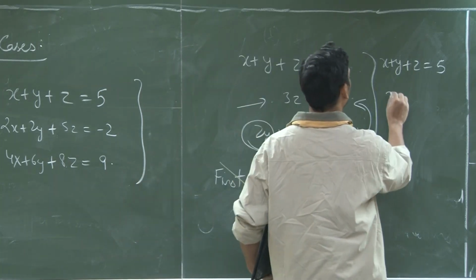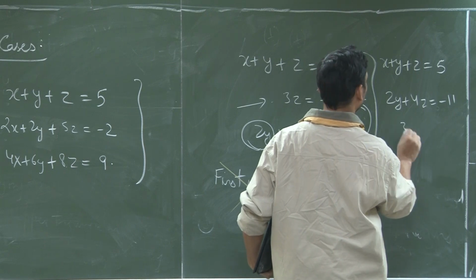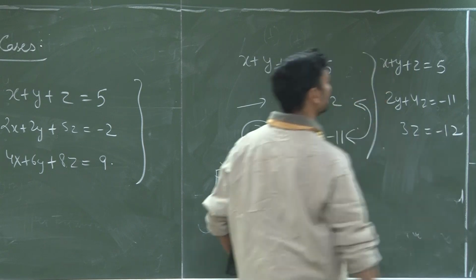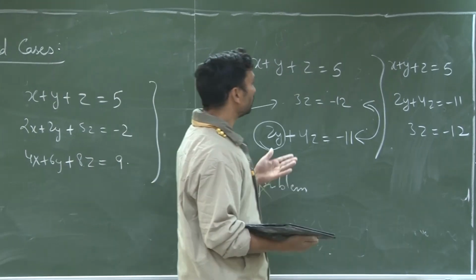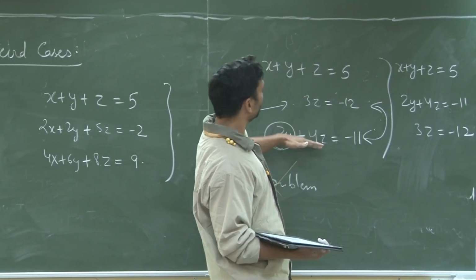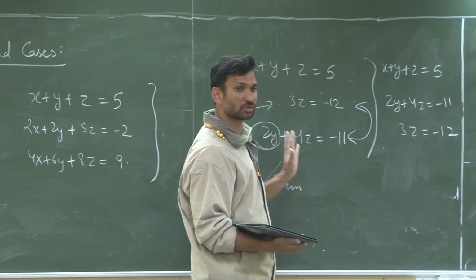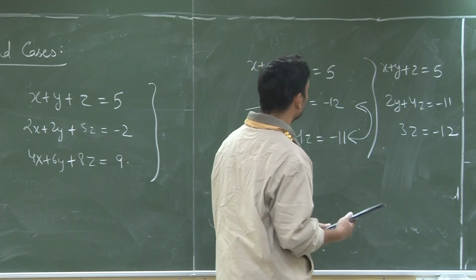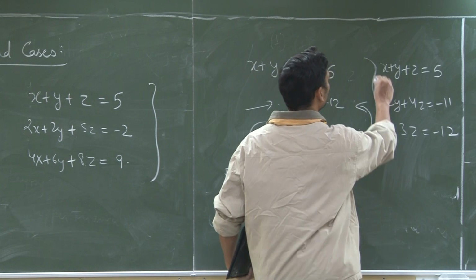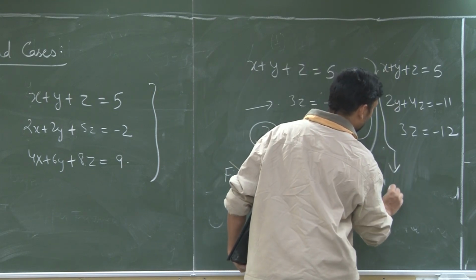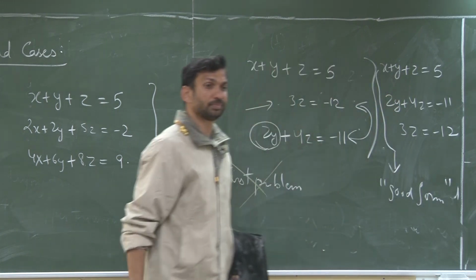So then I get this. And I don't need any convincing to tell you that just because I write this equation first and this equation later, I don't change any solution, right? Good. So now, once I have gotten this, notice this is in good form.